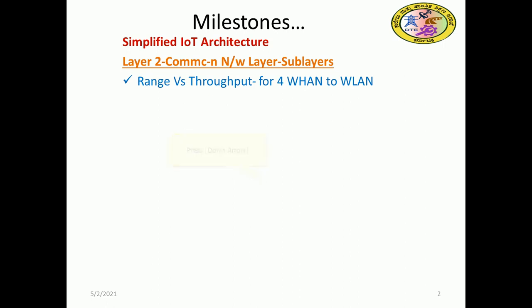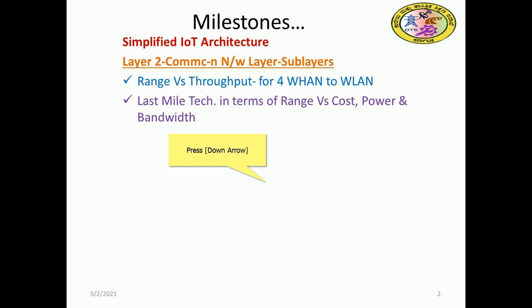So wire to wireless. There are last mile technologies in terms of range versus cost, power consumption, and bandwidth spending. Having those parameters, what are all the last mile technologies available in the industry, which people import and use to design the architecture for IoT applications.